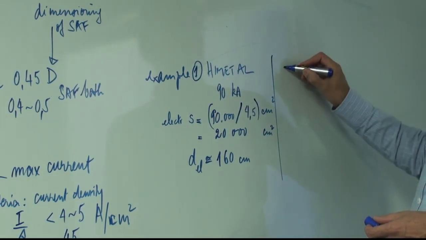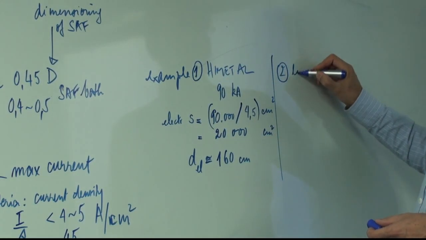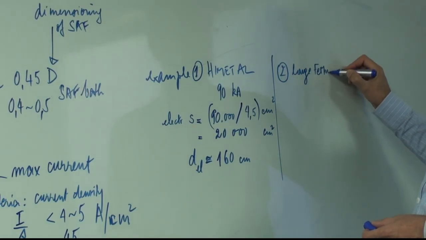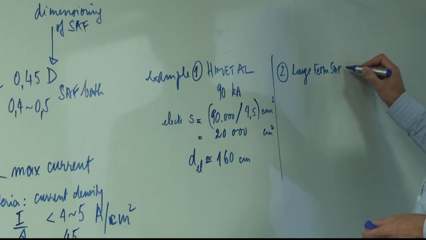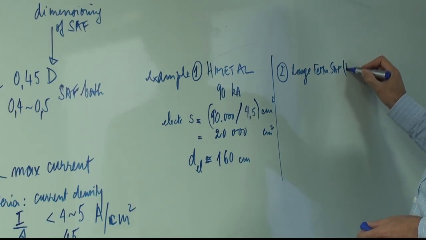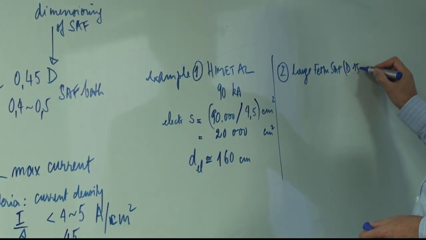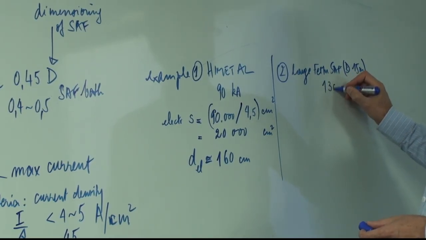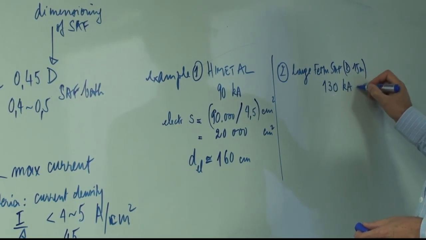Example 2. Large manganese SAF, 15 meters diameter, and working with 130 kiloamps.